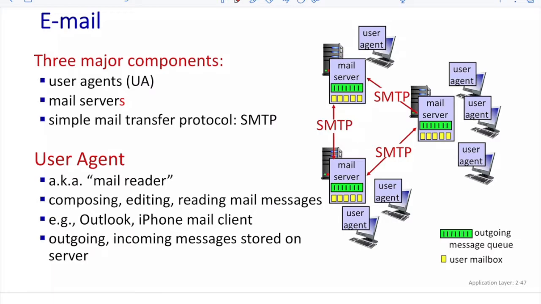when you send an email, you cannot expect the email receiver to be online, right? For example, you have an email address, but maybe you turned off your PC, you turned off your smartphone, your tablet.